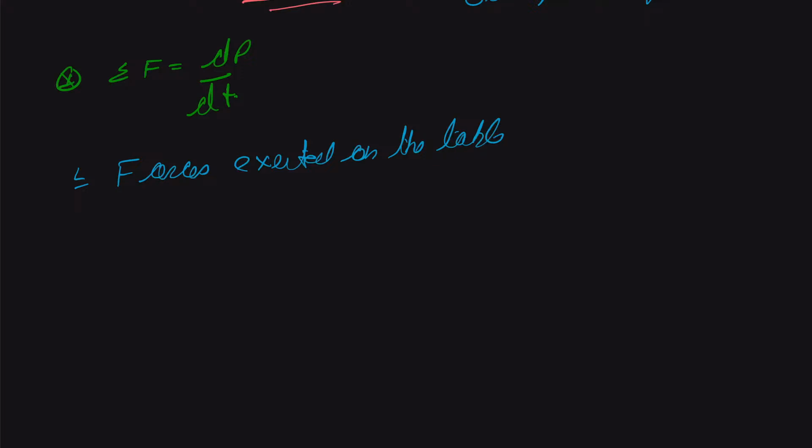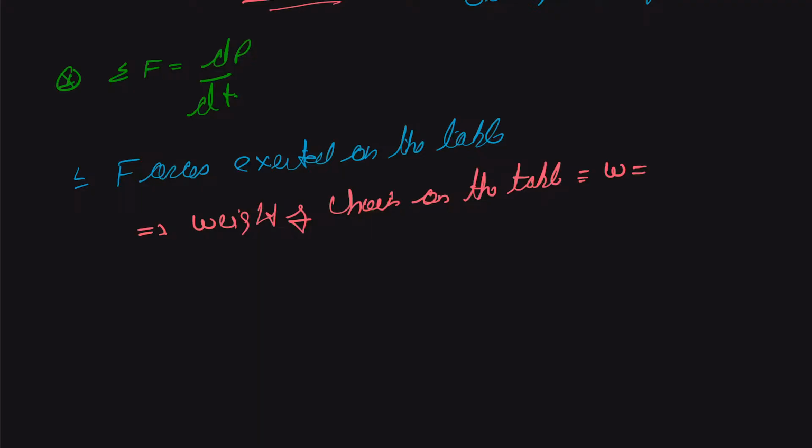The first force is the weight of the chain already on the table. Let us call this weight W, and that will be equal to lambda times x multiplied by g.